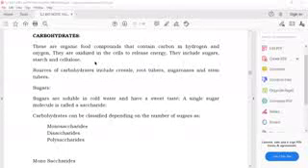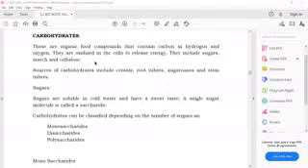Now, the goal of this subtopic is for us to understand how we classify carbohydrates. We shall classify them into three groups: monosaccharides, disaccharides, and then polysaccharides. The classification depends on the number of sugars.